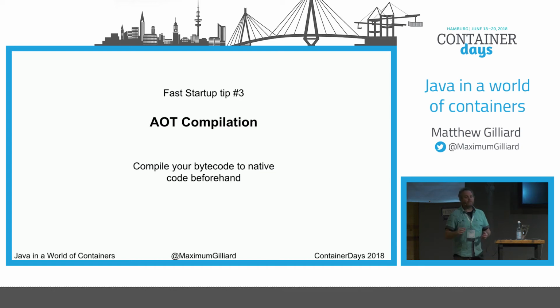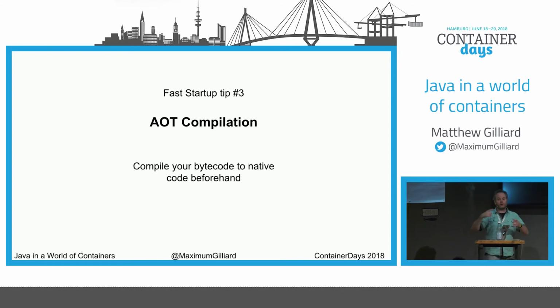Compile your bytecode. So when I talked earlier about the bytecode being loaded, parsed, verified, and then it's run in bytecode interpreted mode in the JVM for a certain amount of time until the JVM's got enough profiling data to realize that this might be a hotspot, and then the hotspot compiler can compile your bytecode to native code, and that's the first step of Java's profile-guided optimizations that it does at runtime.